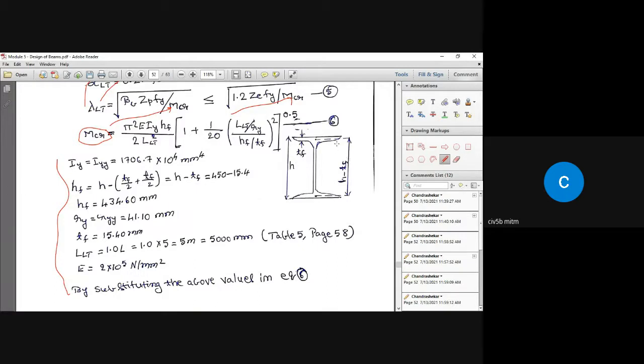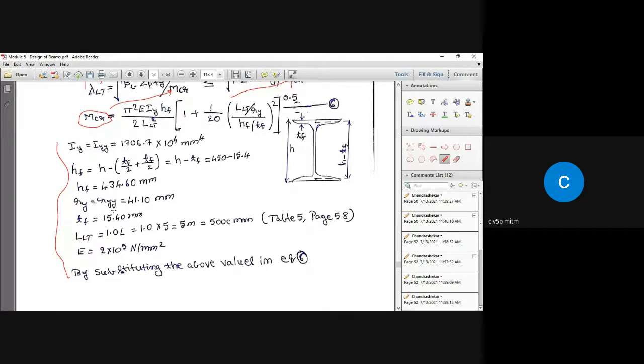HF is nothing but H minus the thickness of the flange, that is the distance between the centroid of the compression flange and the tension flange. After calculating HF, you know the RY value or RYY, which you can get from the steel table, and also the thickness of the flange from the steel table or from the code book. Then what is LLT?